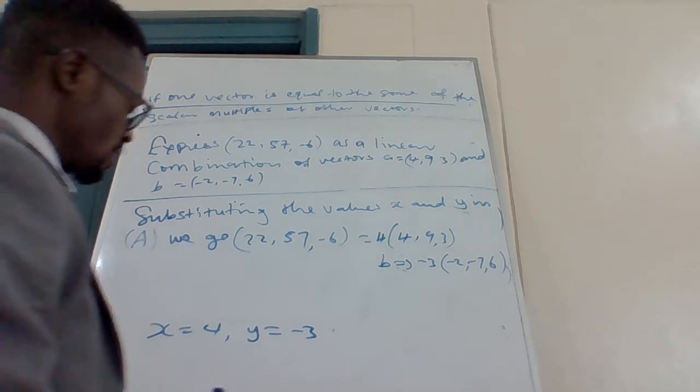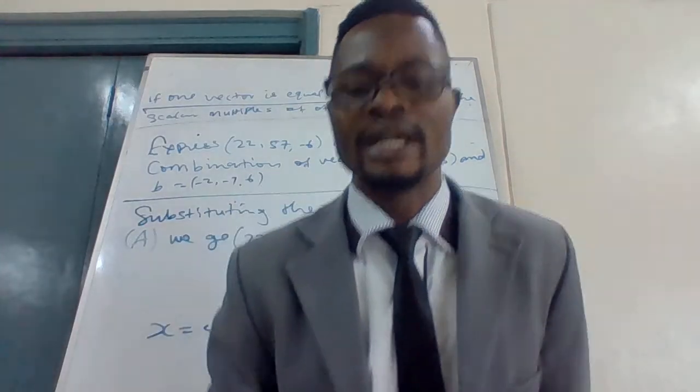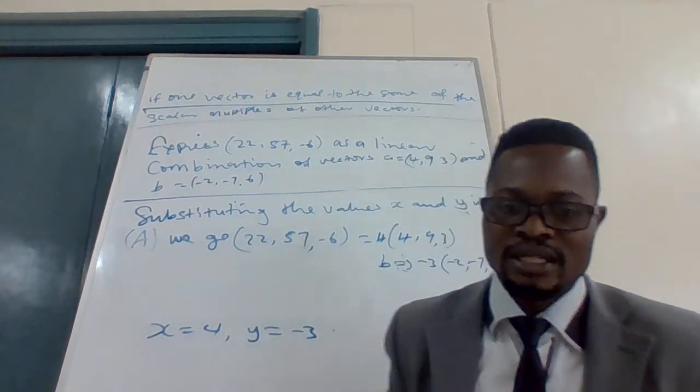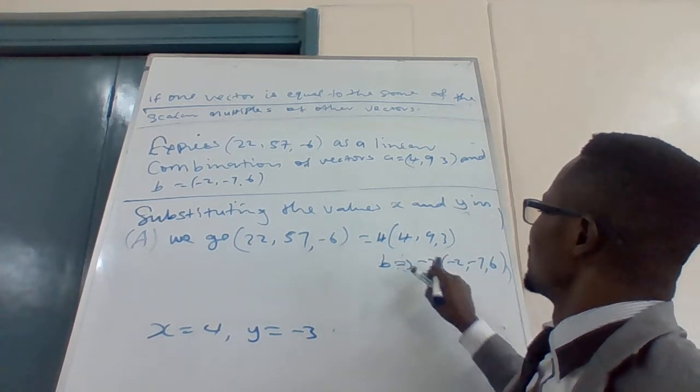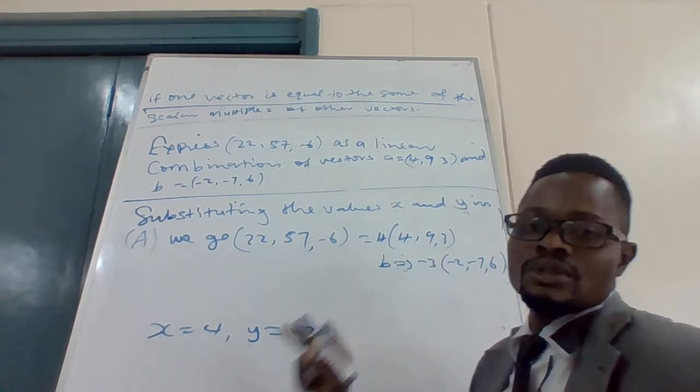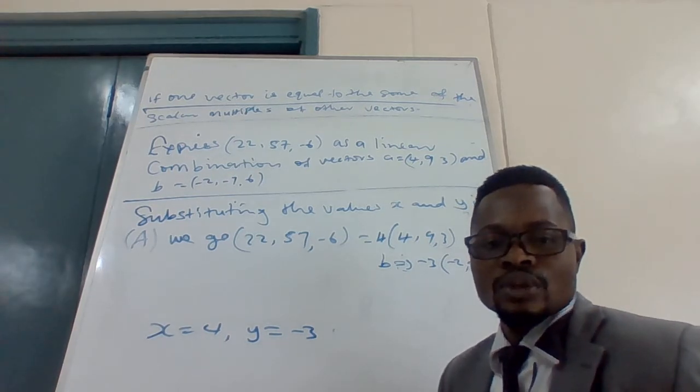And this is what we are expected to do to express the vector as a linear combination of the two vectors.